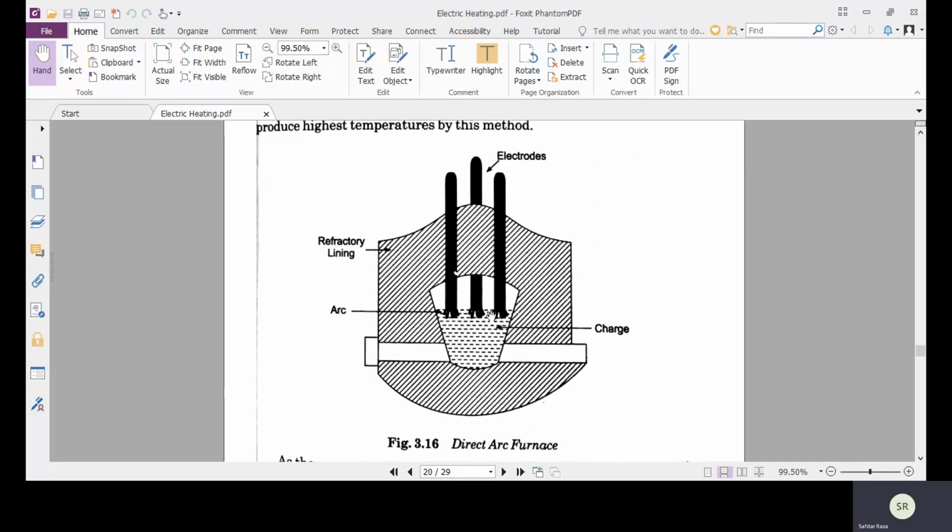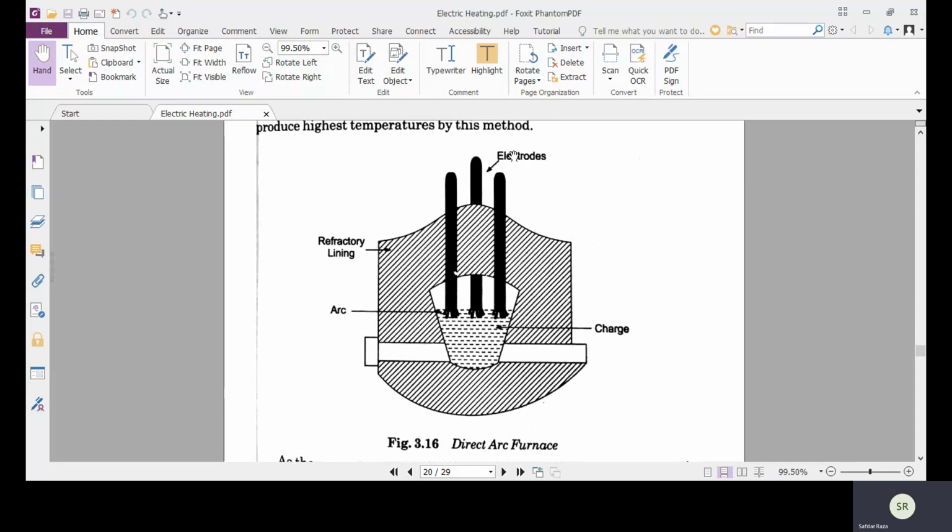Here is the representation of the arc, and this dotted line basically represents the charge, and this white portion basically shows the path from where we can get the molten charge. We take out the molten charge from this path in order to perform some other work. So this is an example of the direct arc furnace.